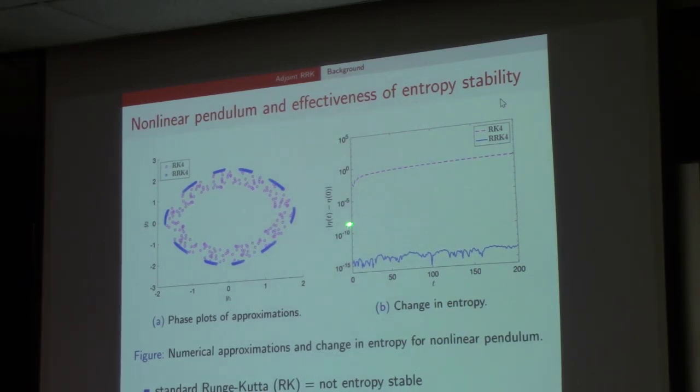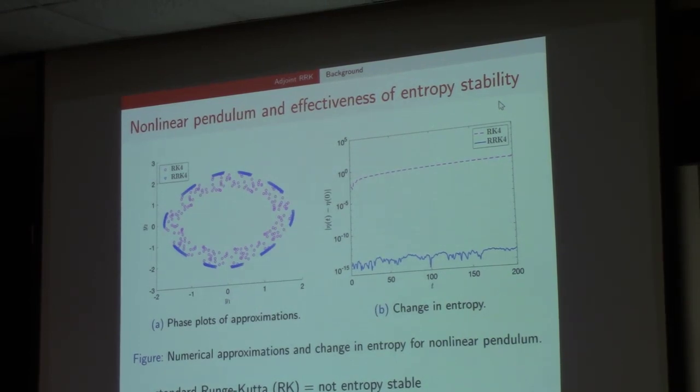And so that can be attributed to the fact that your Runge-Kutta scheme is not entropy conservative, and in fact this plot here is a plot of time versus entropy conservation, you see that there is a substantial non-zero entropy error for this problem, as opposed to the relaxation Runge-Kutta, which is effectively zero in these computations. So yeah, when solving these problems, you want to be entropy stable.